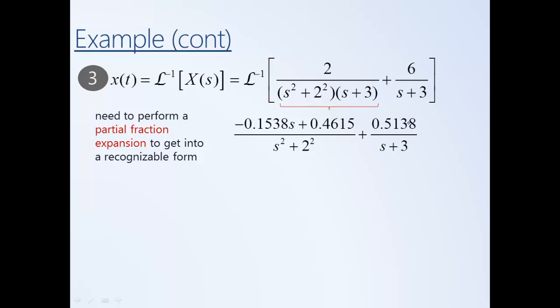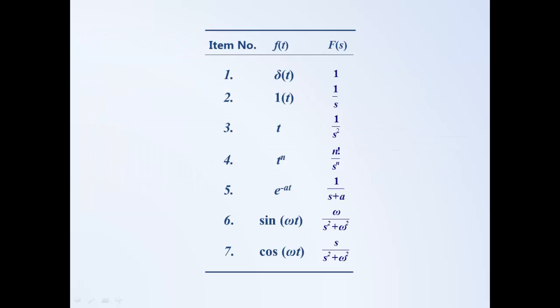Looking at this as a whole, we have two terms that are s plus 3, so we can combine those together. Here we have a denominator of s squared plus 2 squared, which is particular to sine functions and cosine functions. Again, looking at our table, a sine function will have a numerator that's just a constant.